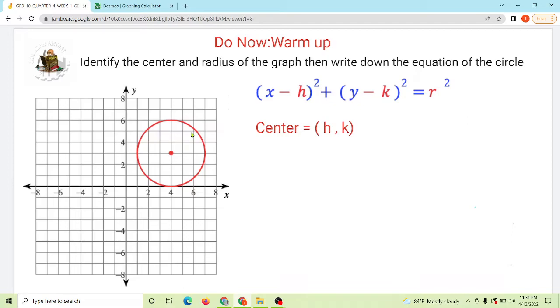Right, we know that the h and the k represent the center. In other words, we are looking at this point right here. So this point right here, as you can see here, the coordinate is 4. So we have a 4 for the h. And for the k, we have this point right here, which is 3.